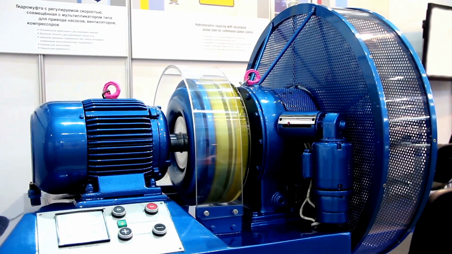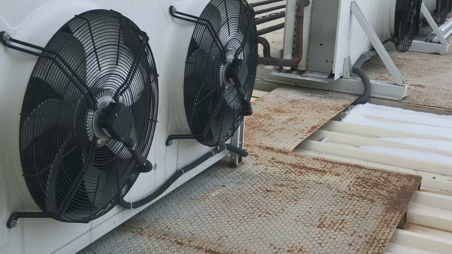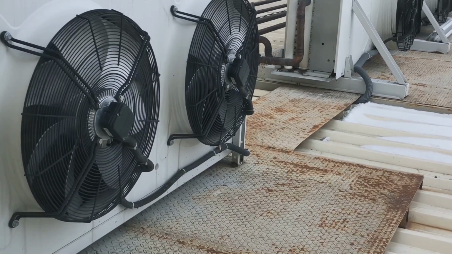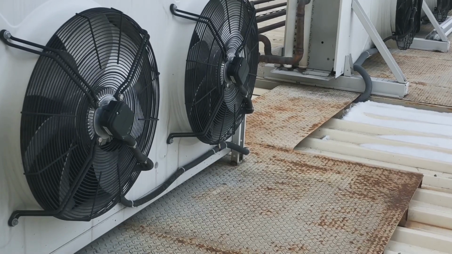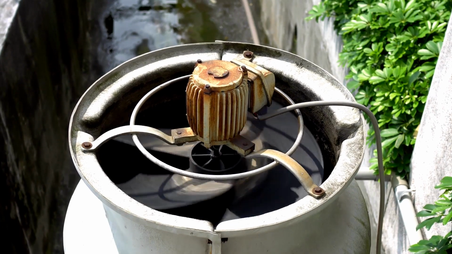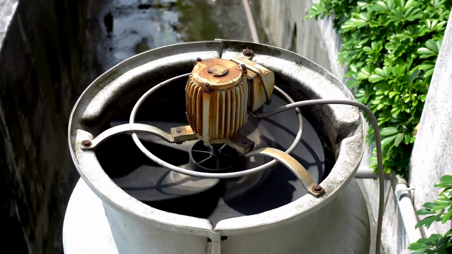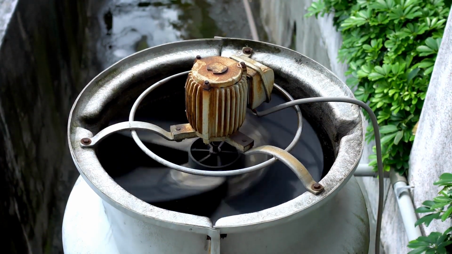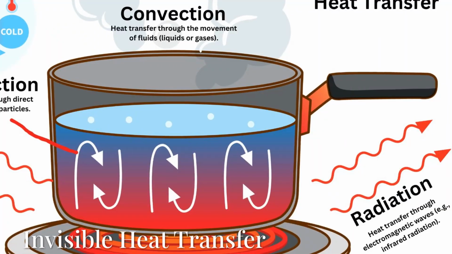As the motor operates, the fins facilitate the transfer of heat away from the motor and into the air. As hot air rises from the motor, cooler air is drawn in, creating a convection current that helps keep the motor cool. This natural process of heat transfer is a simple yet effective way to manage temperatures and ensure the reliable operation of various systems.